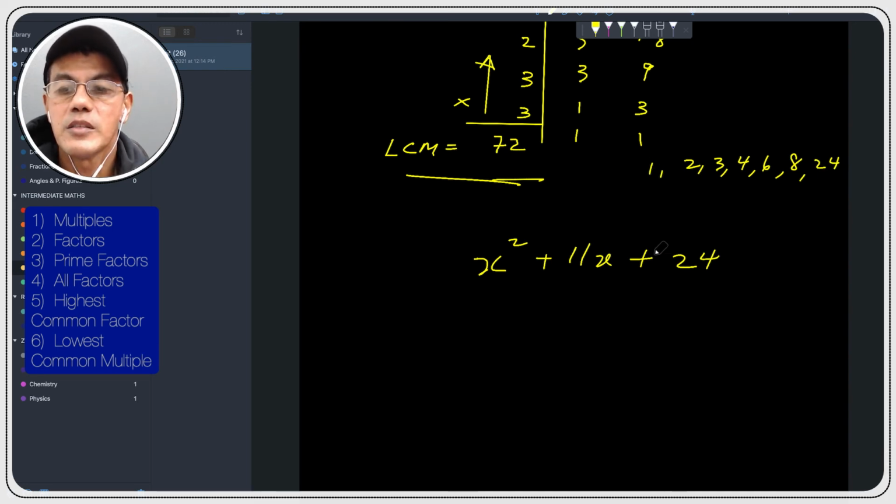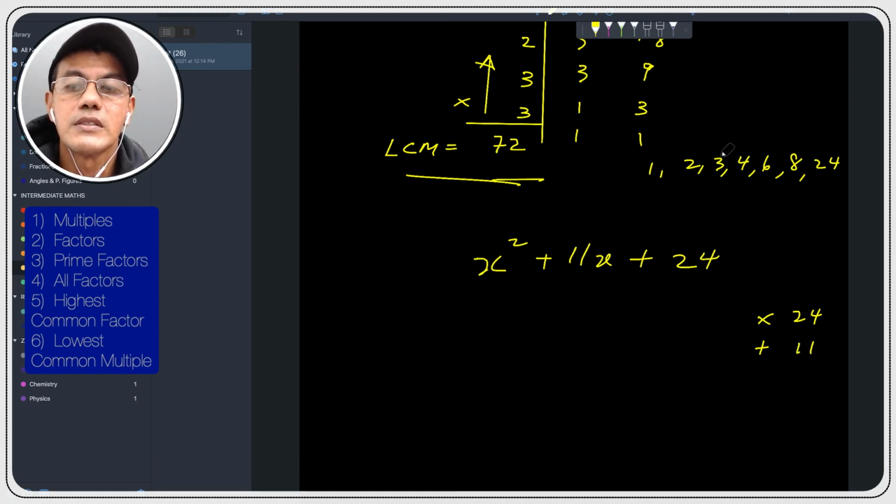And you need to pick out which two numbers, when you multiply them, you get 24, and when you add the same two numbers, they must equal 11. All right, which two numbers multiply to get 24 and add to get 11?